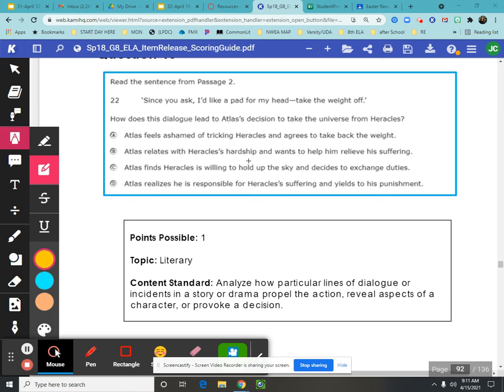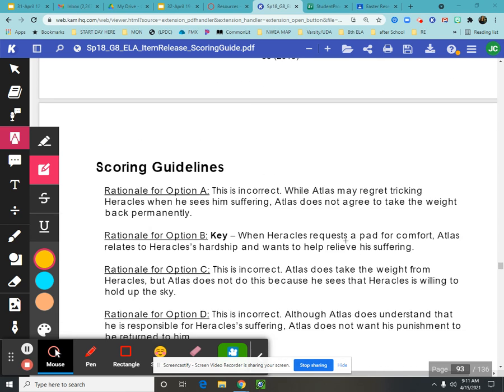B, Atlas relates to Hercules' hardship and wants him to help him relieve his suffering. Lots of B's. C, Atlas finds Hercules is willing to hold up the sky and decides to exchange duties. D, Atlas realizes he is responsible for Hercules' suffering and yields to his punishment. So it looks like B, and that is correct.